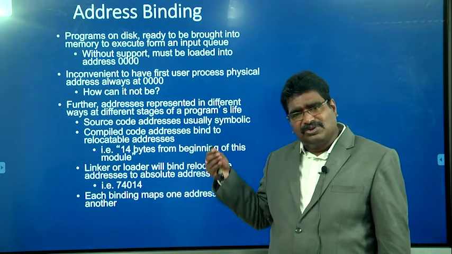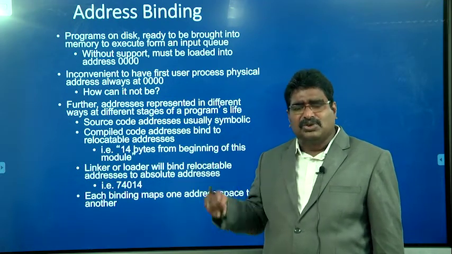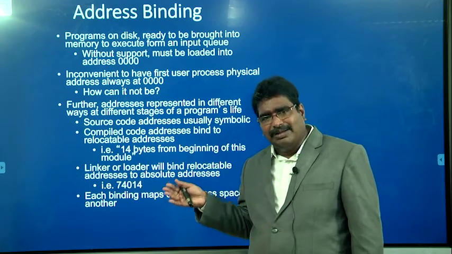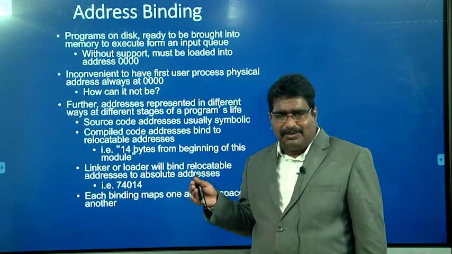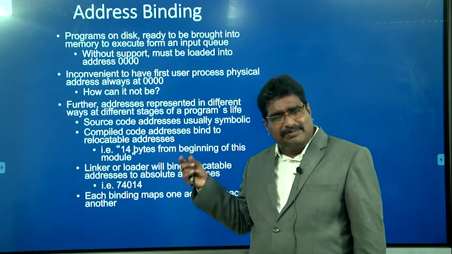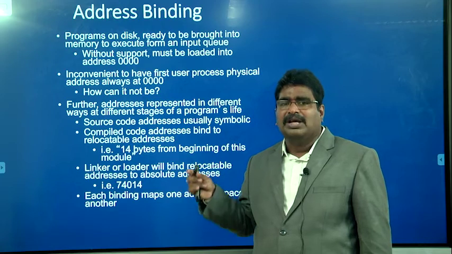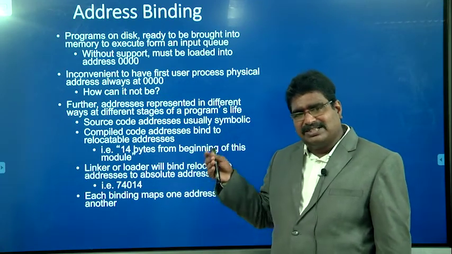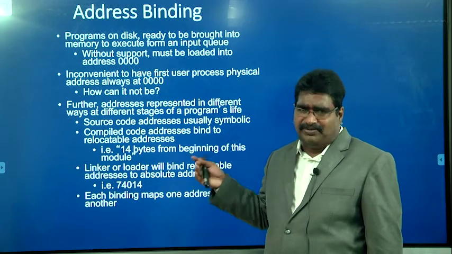Similarly, we need to store data. What is the location where we need to store the data? For example, we simply say a is equal to 10, but actually a is a variable, and some memory is allocated for that variable. In that location we assign the value. Or take the statement b is equal to a into 50.